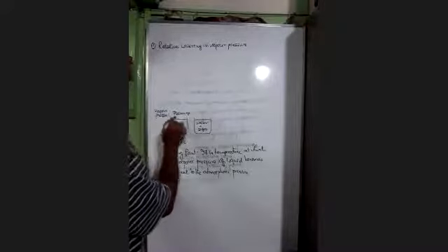Okay, water is going to boil. Otherwise, it is not going to boil. But then at 100 degrees Celsius, why is this not boiling?